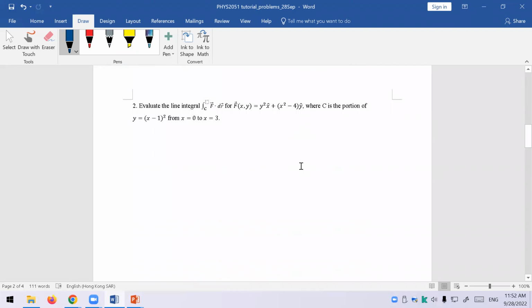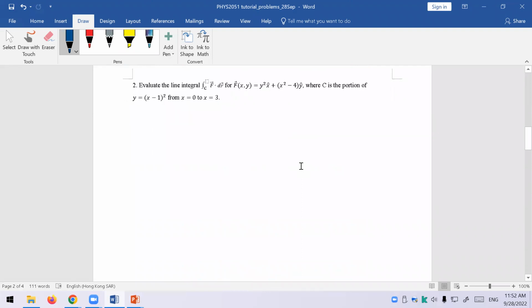So then the second question, right? The second question is a parabola. It's a shifted parabola, right? So like a parabola like this.